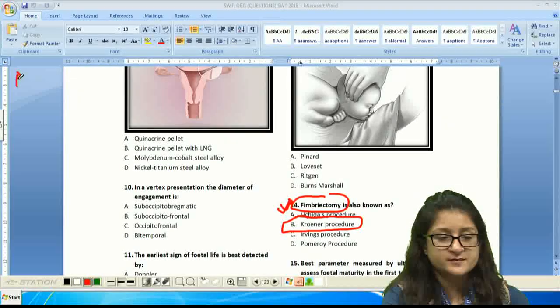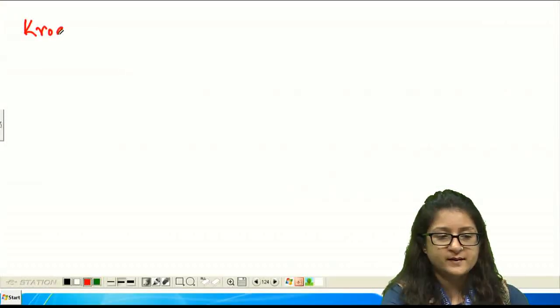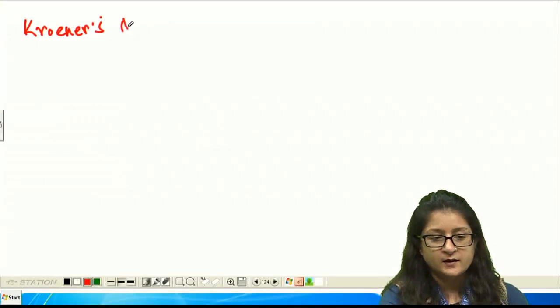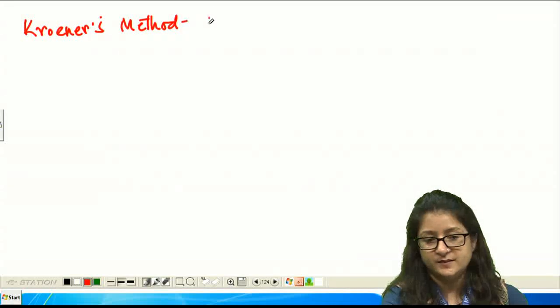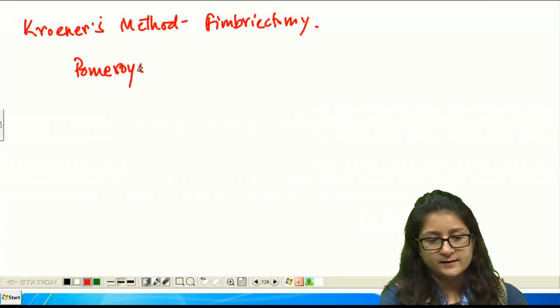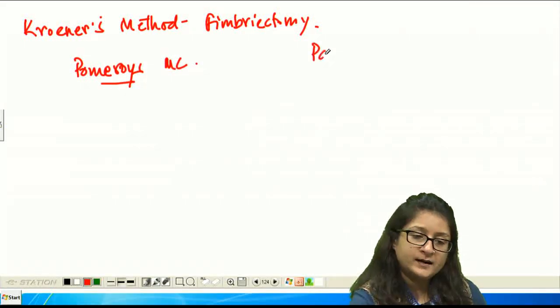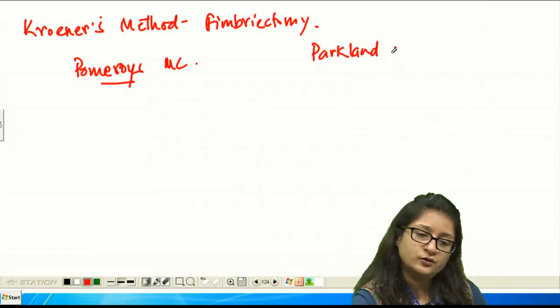We have Pomeroy's method for tubal ligation, and Kroener's method is fimbriectomy. Okay, Pomeroy's method is the most commonly done method. Then we have the Parkland method, which is also known as the modified Pomeroy's.